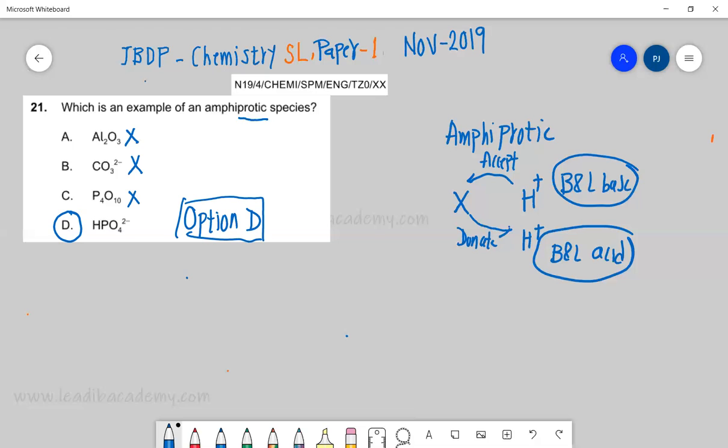Let's say HPO4 2 minus, this is called hydrogen phosphate. If it accepts H plus, it will give us H2PO4 minus, which is dihydrogen phosphate.